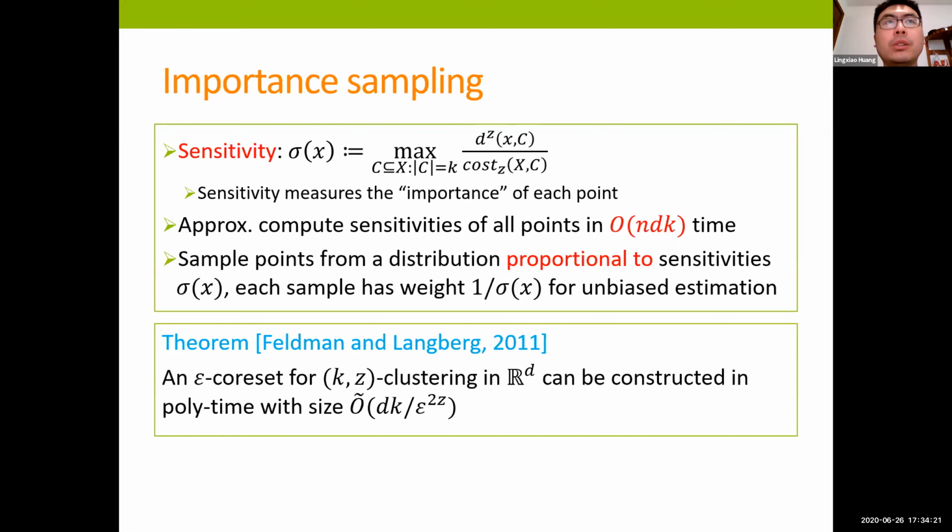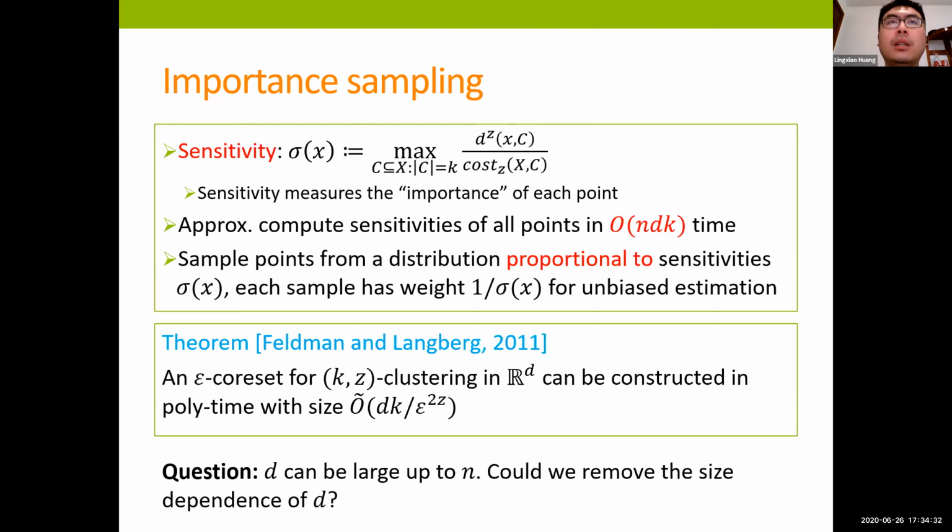By this approach, Feldman and Langberg show that an epsilon core set can be constructed in polynomial time with size only O tilde of dk over epsilon to the 2z. So the problem is that the dimension d can be large, up to n. So could we remove this size dependence on d?